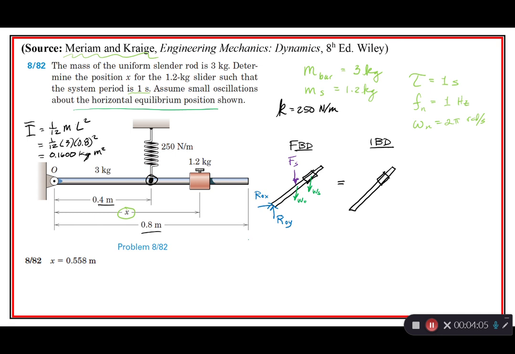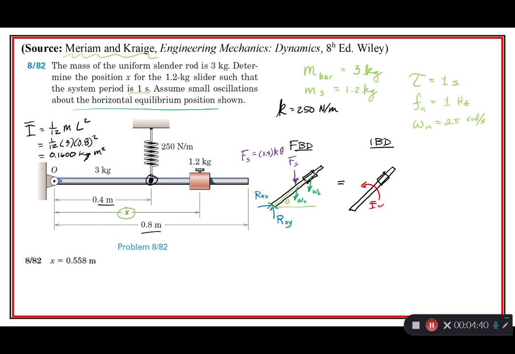The only thing I want to note is that maybe the force of the spring I could have written on there. The force of the spring is going to be equal to 0.4 times K times theta, right? Because the thing is at an angle theta in the position shown. Now these other guys on the right-hand side, we have to be a little careful. We have a rotation. We know that. We're going to have I, and we can make it look like it's about the center.